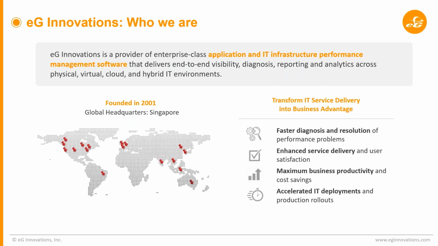EG Innovations has been in this business for the last 22 years. We're headquartered out of Singapore and have sales and support offices across the world. The pins that you see on the map are the locations where EG Innovations is physically present. We also operate in about 52 different countries across the world through channel partners.